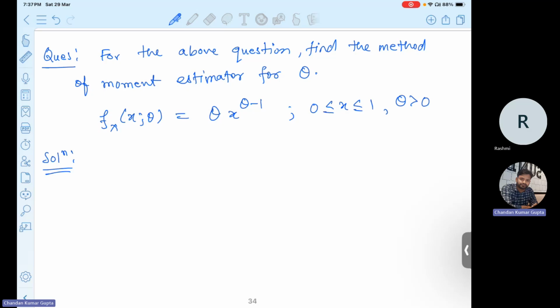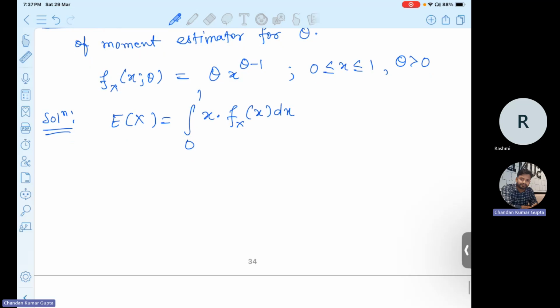For the population moment, we have the expected value of x, which is what? The integral from 0 to 1 of x into f(x) dx. Simple. It is the integral from 0 to 1 of x into theta x to the power theta minus 1 dx.